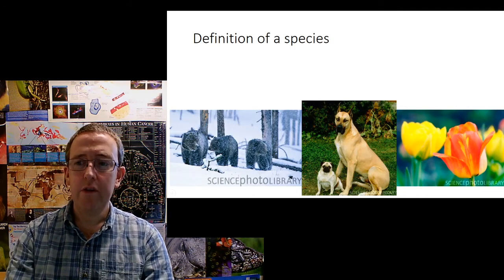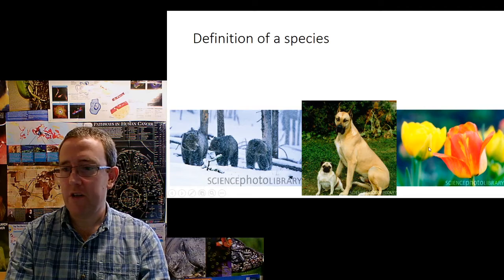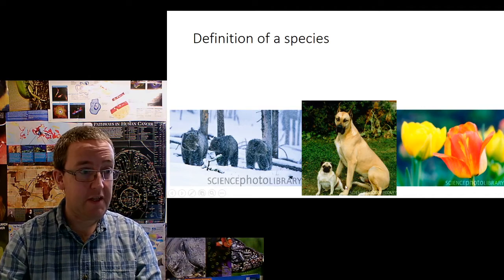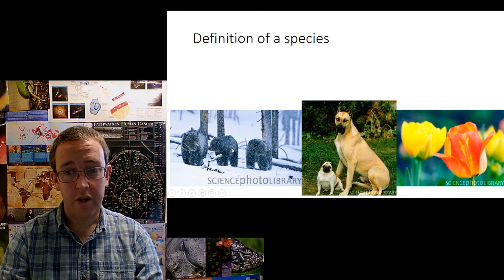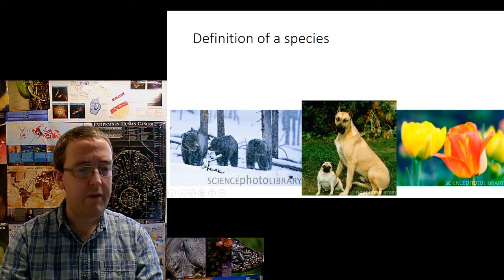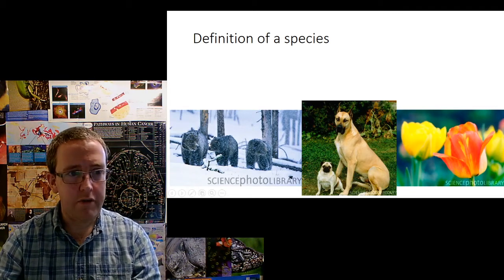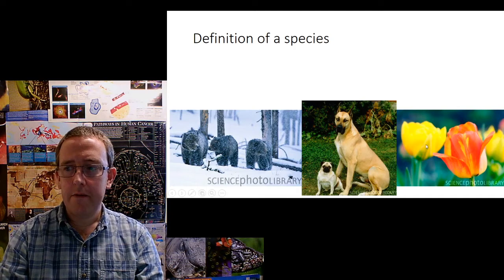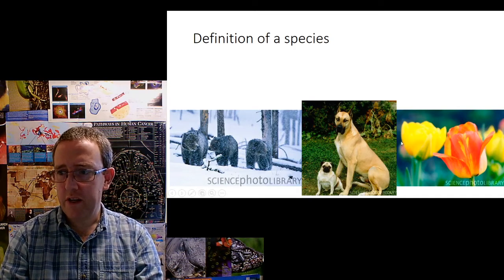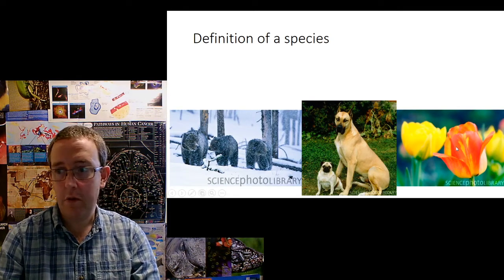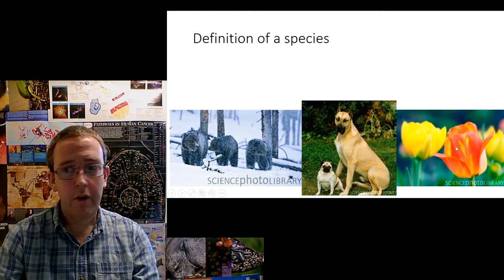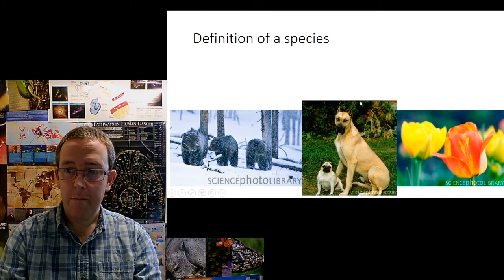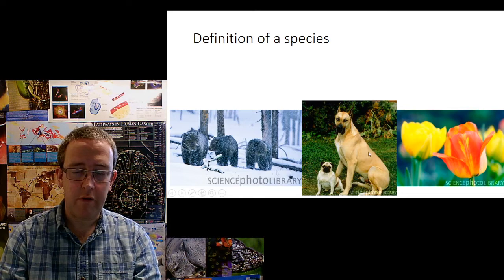Well, we can all see that these three pictures here, within the pictures, they are all the same species, but some are very clear-cut and some are not. So these here, look, black bear, brown bear, we would have no problem saying they are the same species. Same probably with tulips, but look, they look very, very different. So we might, if we weren't skilled at spotting tulips, define those as different species. Same with the dogs here, look, our pug and our Great Dane.